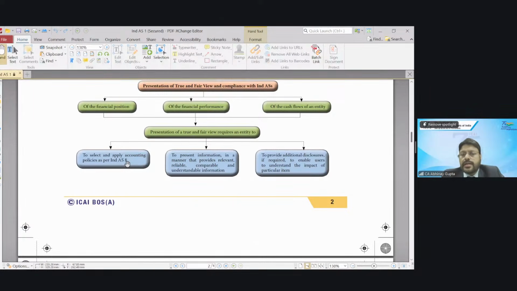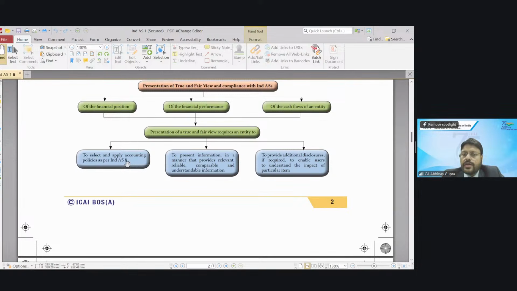But if another entity believes that the fair value of their property, plant, and equipment significantly increases or decreases over the periods, because they are prone to those changes, and the changes are big enough to capture, then probably it would be better for them to select the revaluation model under Ind AS 16.